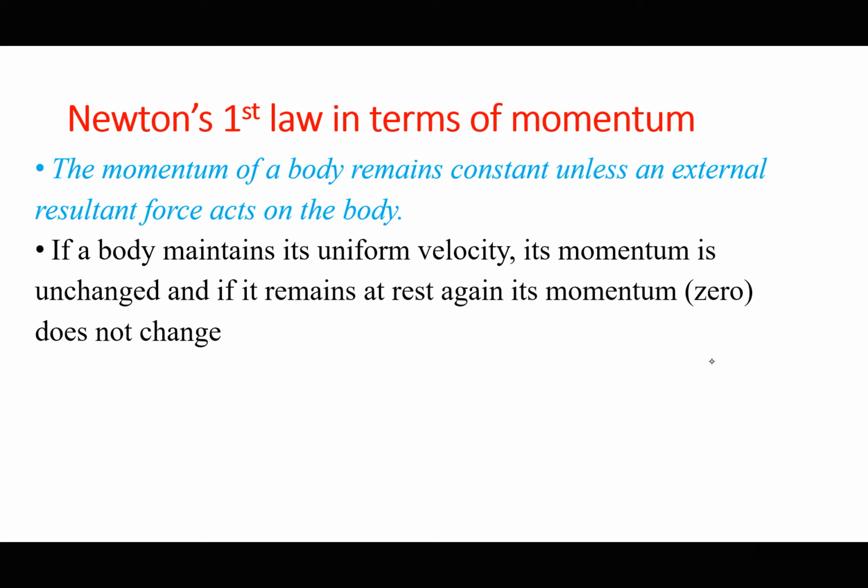Remember, the original law was a body at rest would remain at rest, and a body moving with uniform velocity in a straight line would continue moving with its uniform velocity, provided there is no external resultant force acting on the body. So that is Newton's first law.